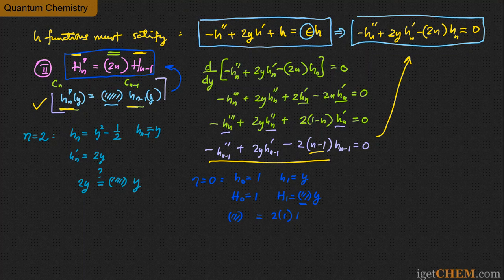So you see in this case, if I were to follow this particular recurrence relation, which is the proper one for the proper Hermite polynomials, big H, then the proper coefficient that I should use for the h1 function is actually not just y, but 2y.